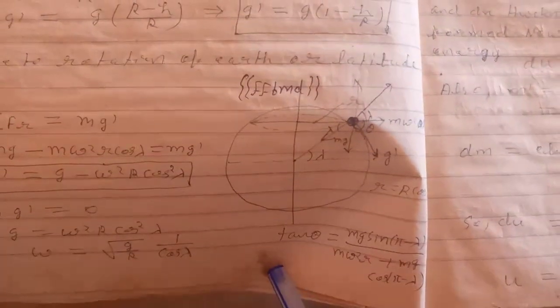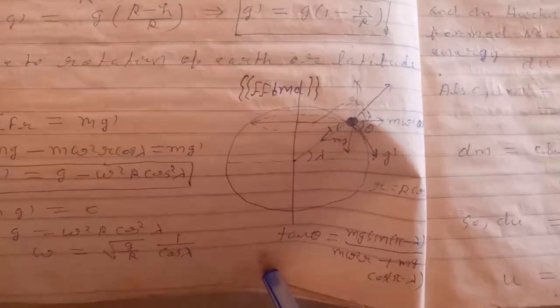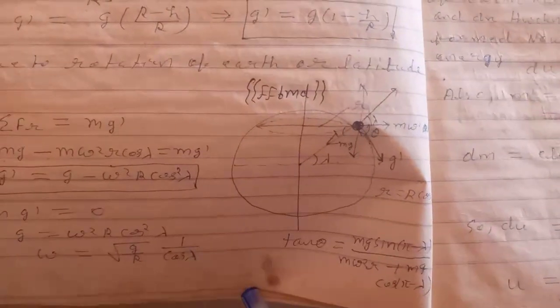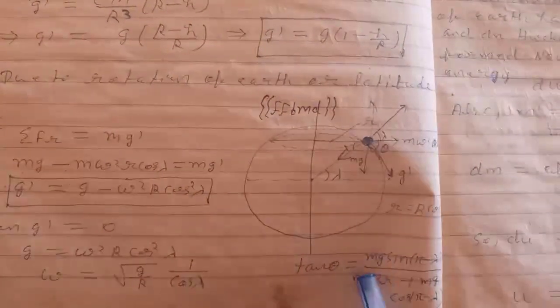Also tan theta equals mg sin(pi minus lambda) divided by m omega square r plus mg cos(pi minus lambda). What is calculated here?